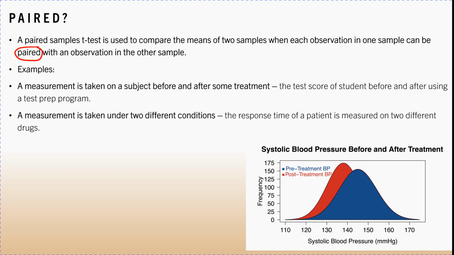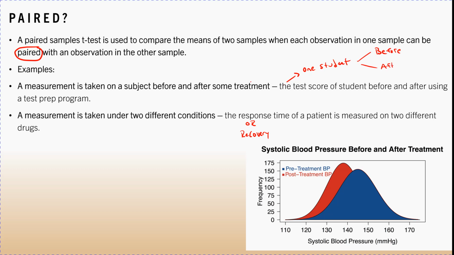Or a measurement is taken under two different conditions, like a response time or recovery time of a patient measured on two different drugs. For the first example, there's one student, but two results on them: a score before and a score after.